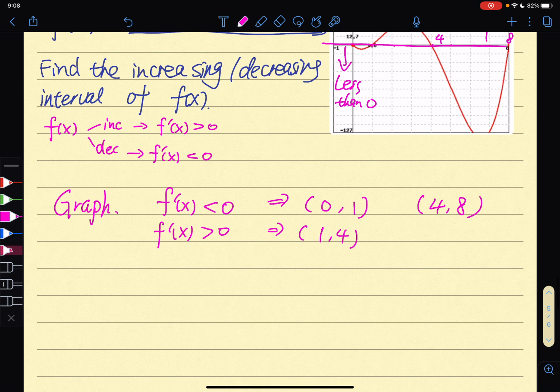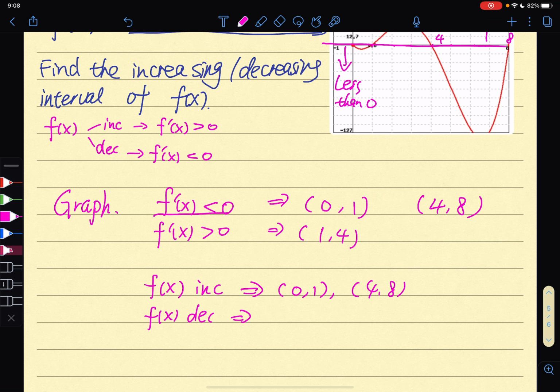And we said it already, this is the equivalent of saying that f of x is increasing. Because they are the same thing, they share the same answer, and f of x is decreasing. My bad, I was rushing a little bit. So it is decreasing, and it's increasing here because the derivative is greater than 0 between 1 and 4.